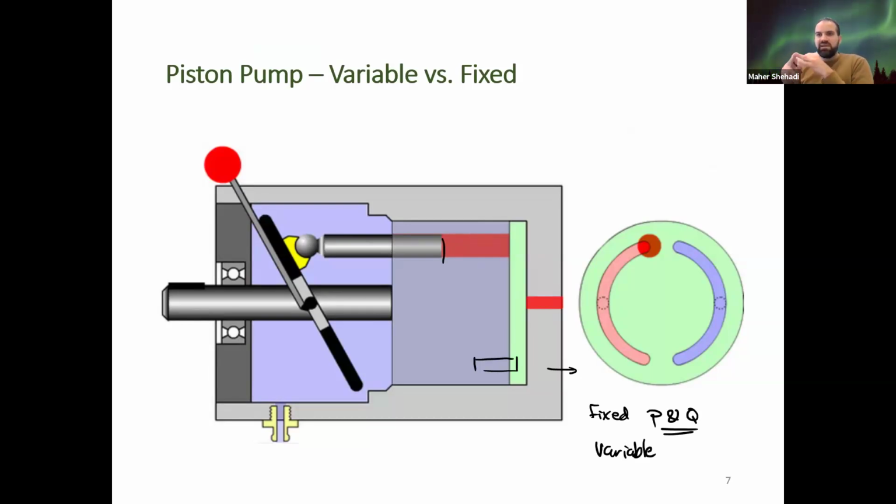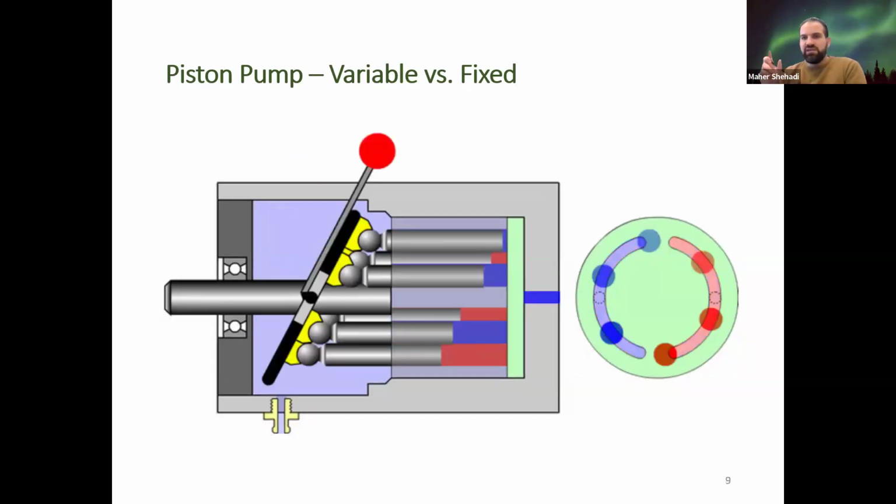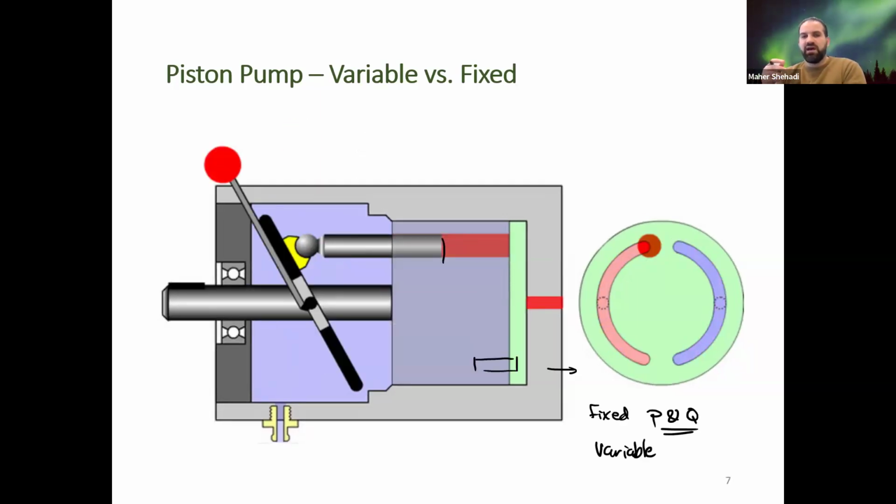If I need to have variable output, then I should start changing the angle of that swash plate, whether I change it manually or automatically through a solenoid valve or some other kind of mechanism. The idea is to start changing that, and then I can control the inlet and outlet volume, in general the outlet volume, so that I can control how much I pressurize that fluid.